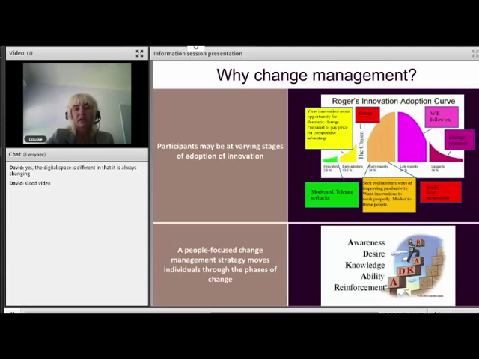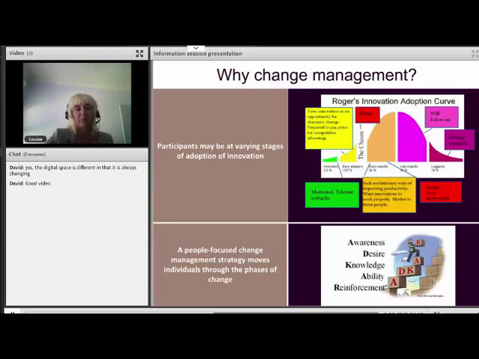So the next thing is, how do we go about that? Well, the idea is that CloudEd has trialled ProSci. ProSci is a change management methodology, and if you have a look down the bottom here in the right hand side, we're looking at an acronym called ADKAR.